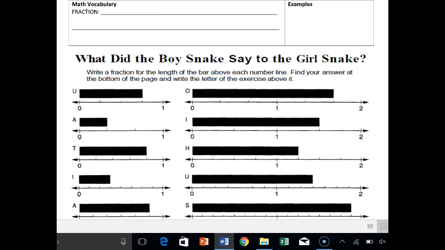So this is going to be kind of a long definition because I want to make sure we get all the details of this. A fraction is a part of a whole. So it's kind of a very basic concept. The top number, otherwise called the numerator, says how many parts we have.